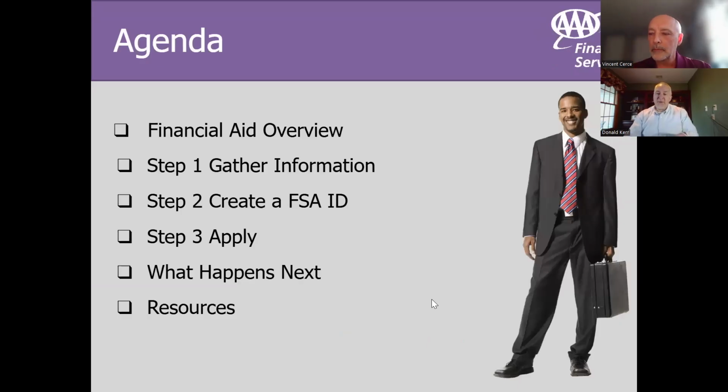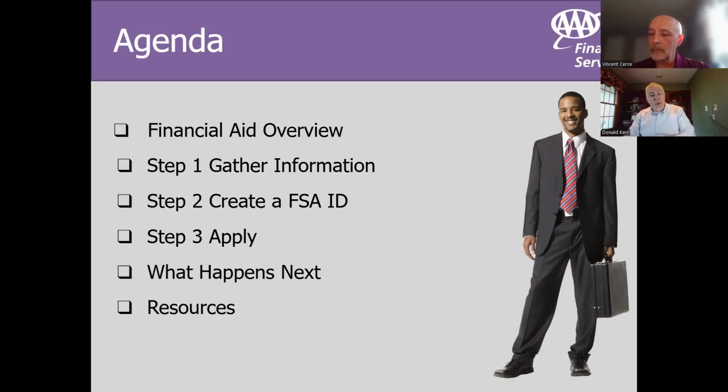Specifically, tonight I'm going to talk about a little background on financial aid. I think it's a good base to set, to make sure everybody understands exactly what financial aid is. Then my three easy steps are pretty simple. It's about being prepared, gathering information, and getting set to apply, which is creating what's known as a federal student aid ID, a fancy way to say a username and password.